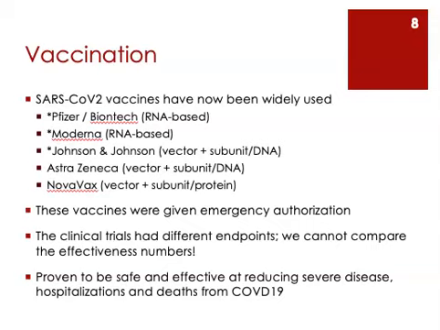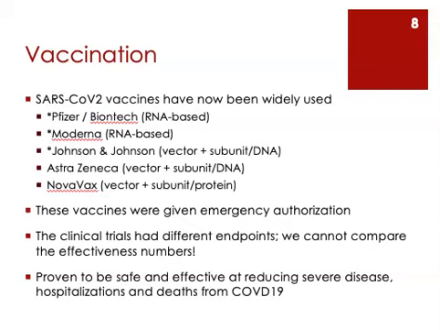All of these vaccines have been proven safe and effective at reducing the most severe disease caused by COVID-19, effective against hospitalizations and admissions to the ICU and deaths from COVID-19. All of them, regardless of the endpoint that was studied, all of them are effective at preventing the most severe consequences of COVID-19.